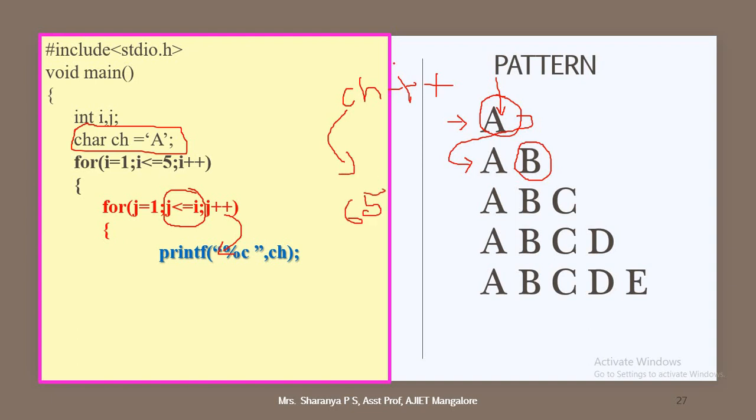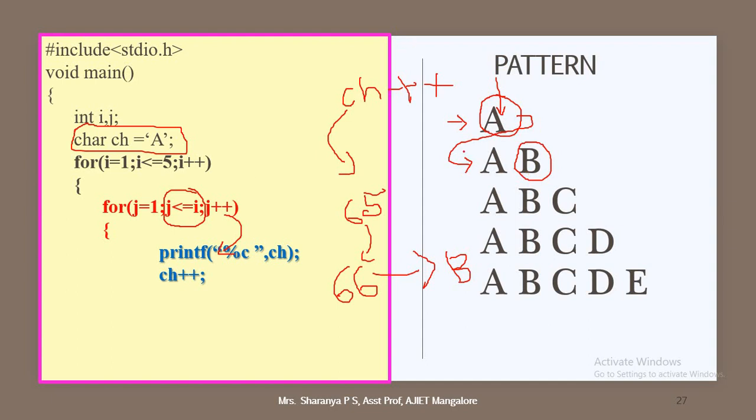It will be converted when the code is compiled. This A will be referred to by its ASCII value. When I write ch++, the ASCII value 65 will be changed to 66, which indicates nothing but the character B. So this is how with the statement ch++, we refer to the next character.